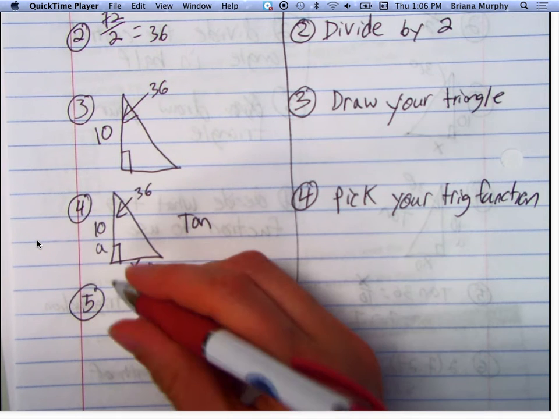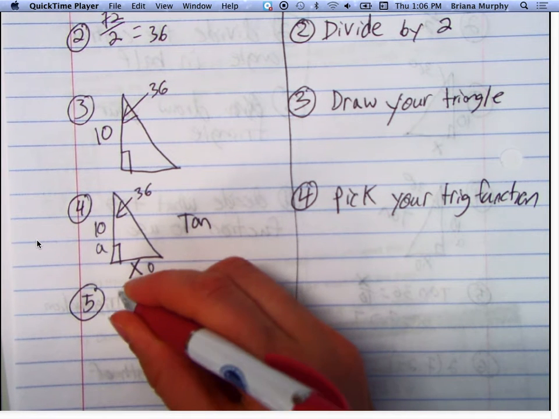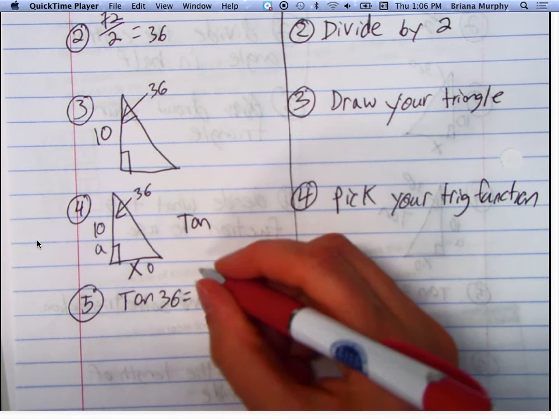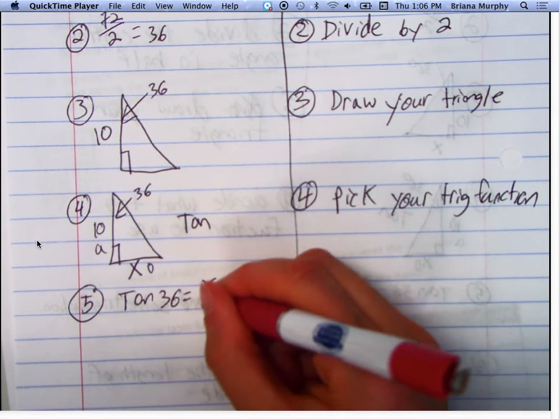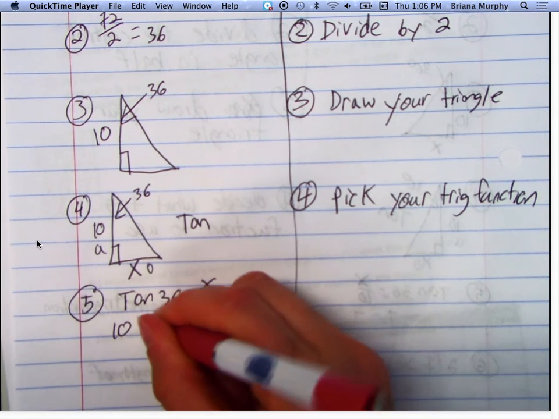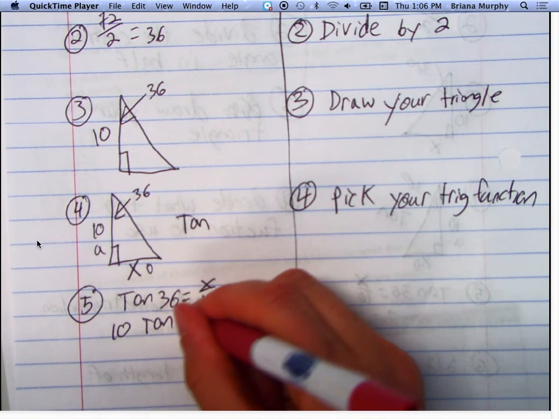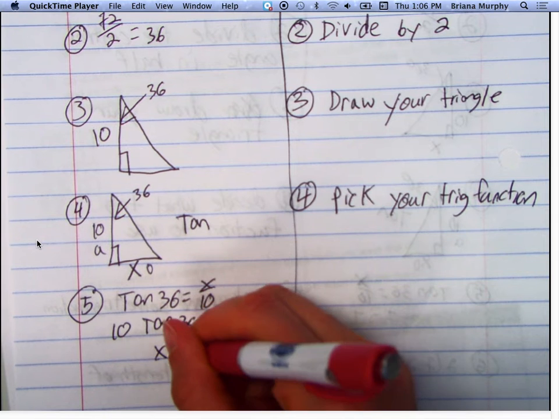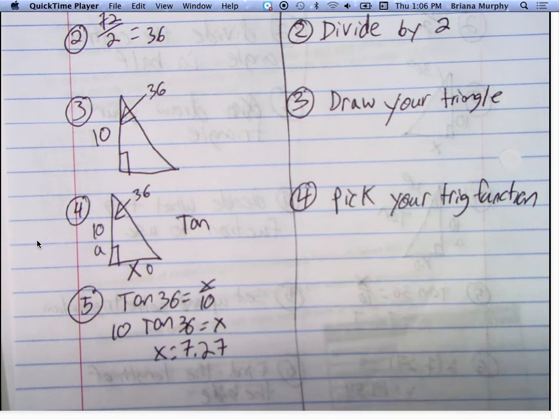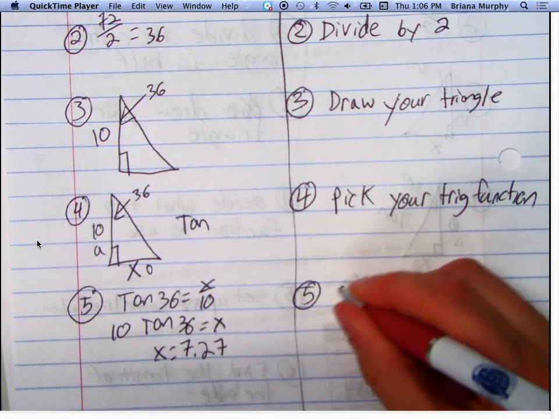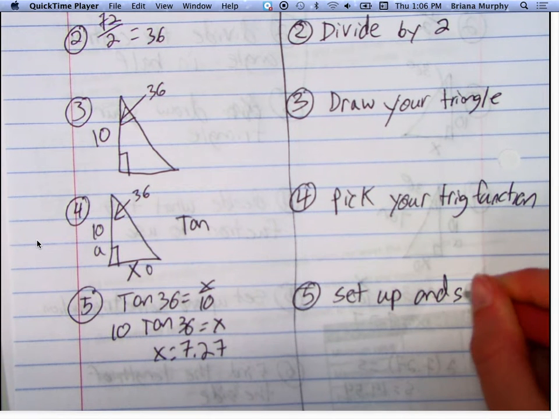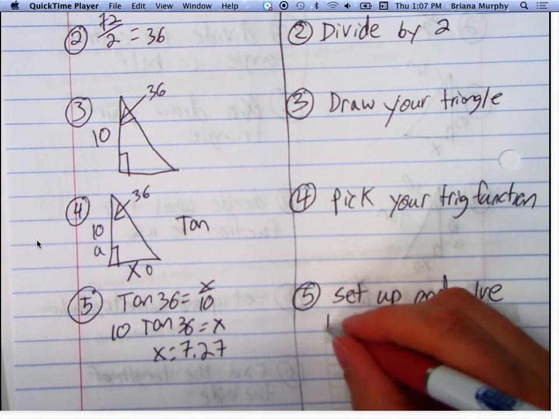Step 5, I have tan 36 equals x over 10, and then 10 tan 36 equals x, and then x equals 7.27. So I'm going to say set up and solve the trig function.